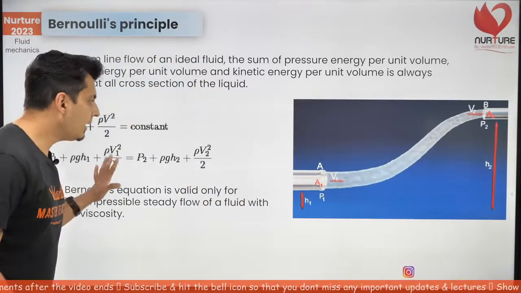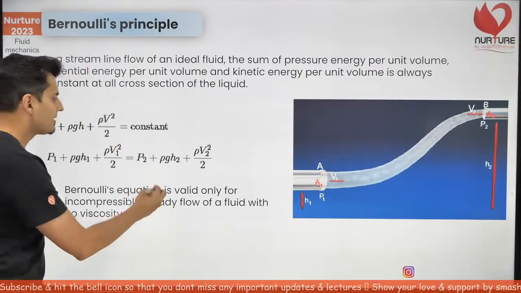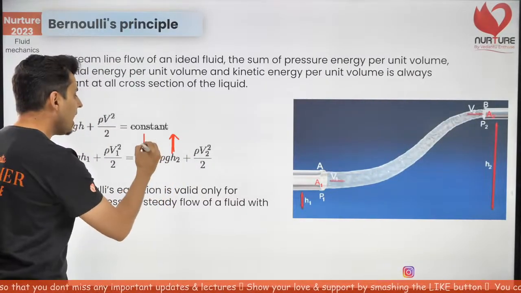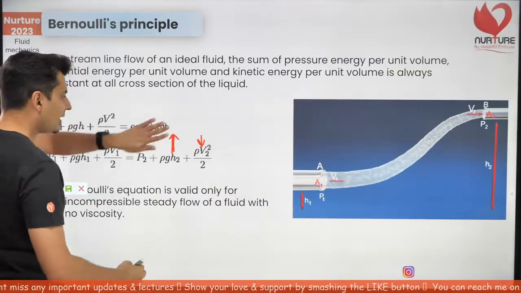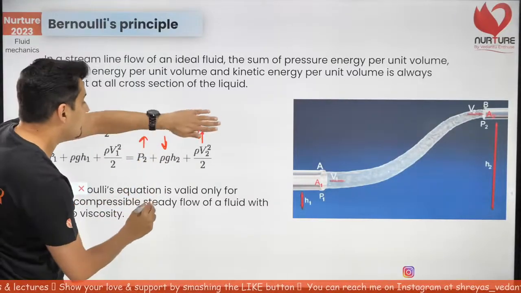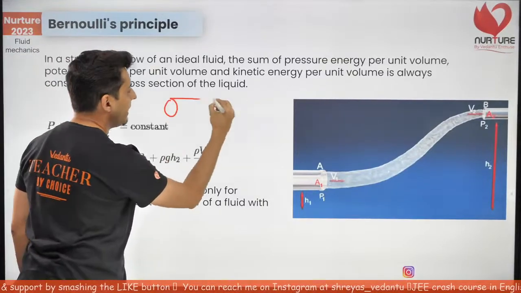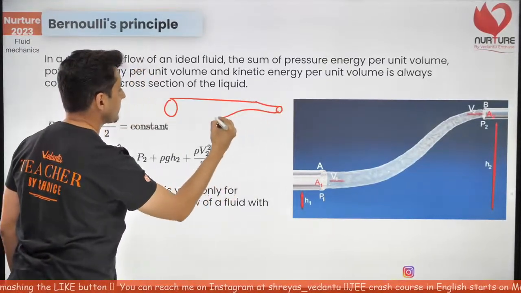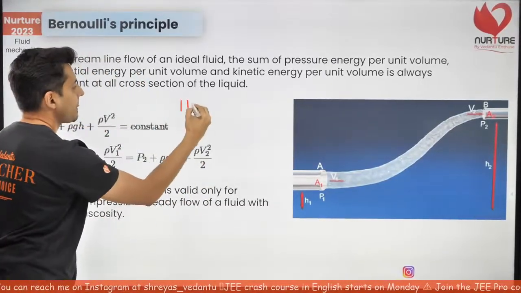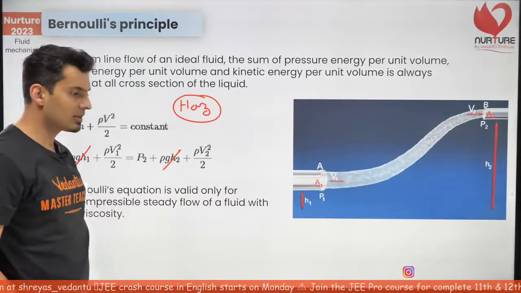Fair enough. Now you will see one interesting thing. If by chance one of these terms increases, then you will see other terms will have to decrease. Maybe this term increases, maybe this term decreases, but they will make sure that they are constant. Now imagine that the pipe is just horizontal. Then what will happen? The height term will be the same at both places. Do you guys agree?